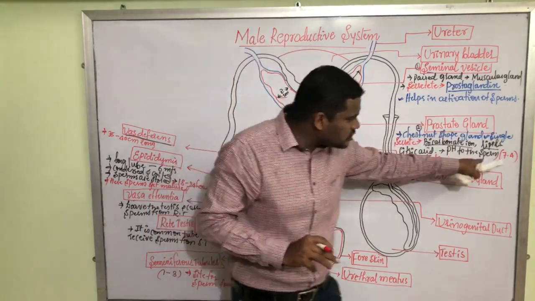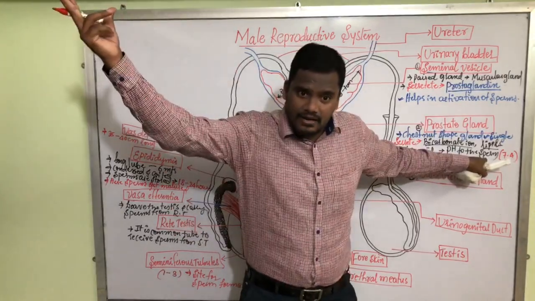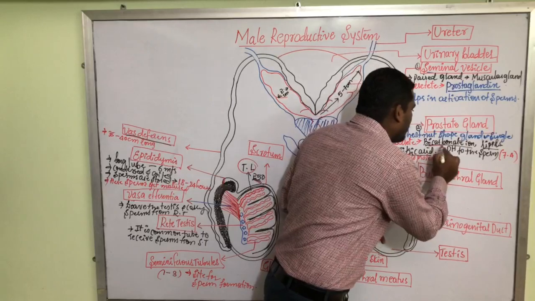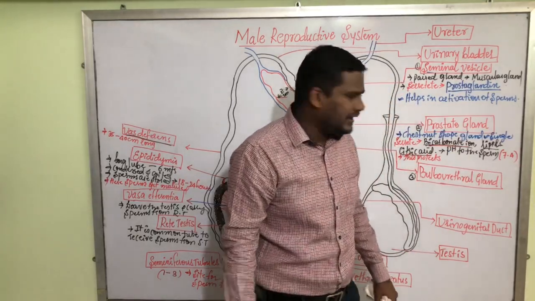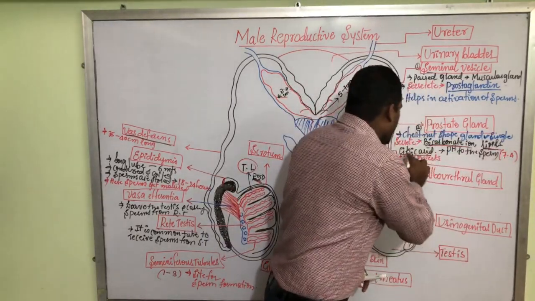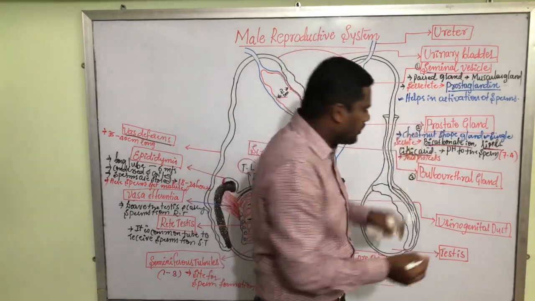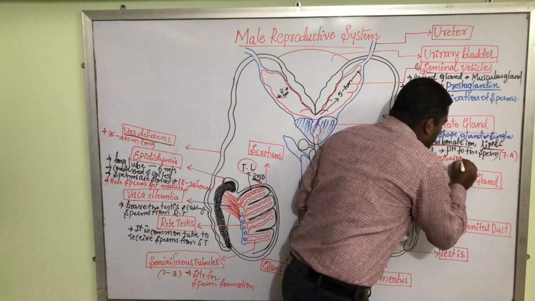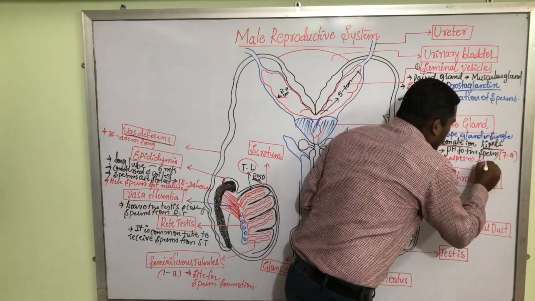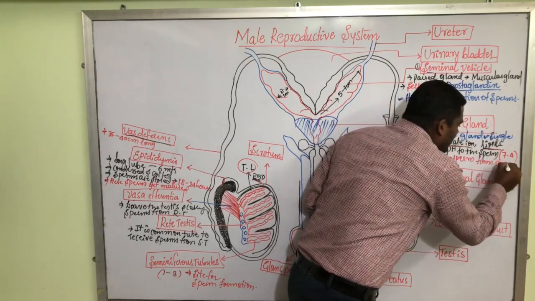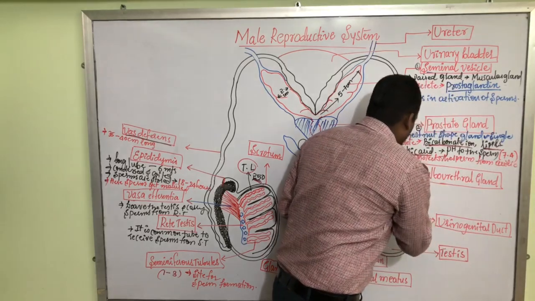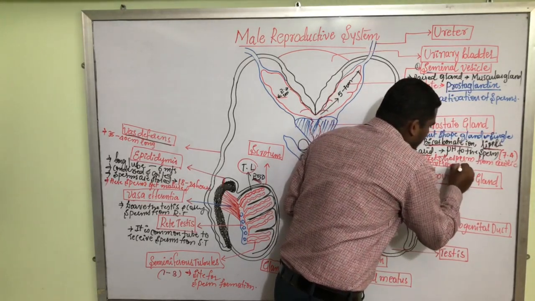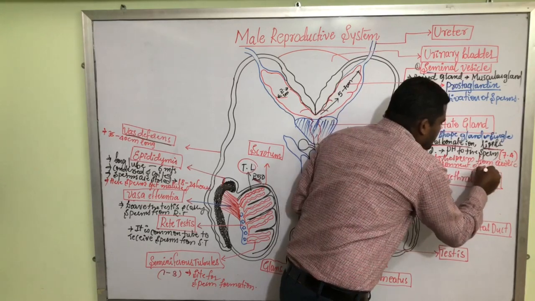To protect the sperms from that acidic environment, these three secretions are very, very helpful. Bicarbonate ions, lipids, and citric acid protect the sperm from the acidic environment of vagina.